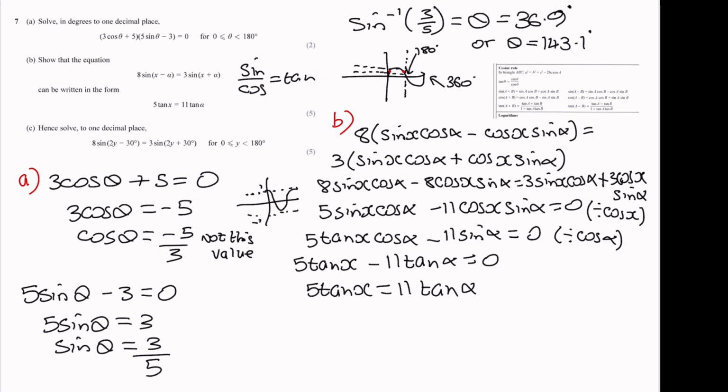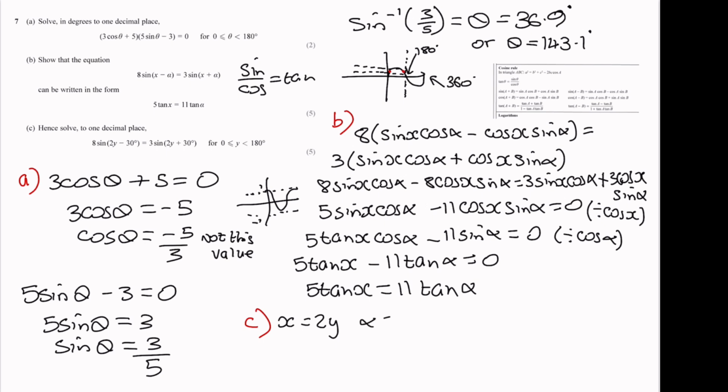Part C, hence solve to 1 decimal place 8 sine and so on. So this question here is the same as this here. They've just replaced x with 2y, so I can write that down. So x equals 2y, and alpha is 30.